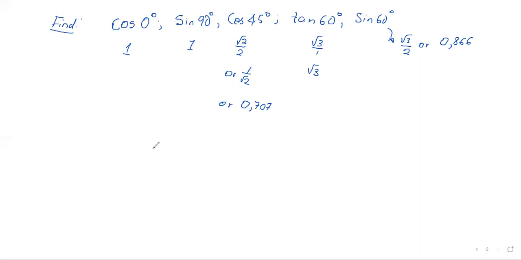Now, here you have a triangle, and this is 90 degrees here, right angle. We have B here. We have A there. We have C there.